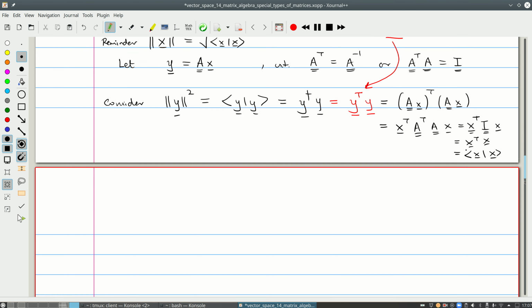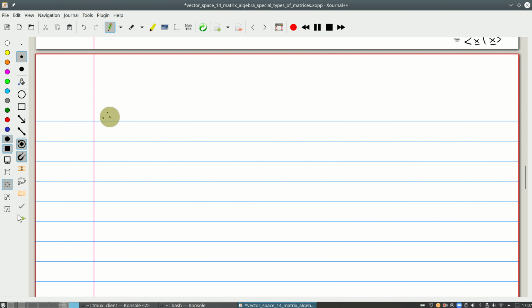And of course that is simply the norm squared of x, therefore the norm squared of y is equal to the norm squared of x.